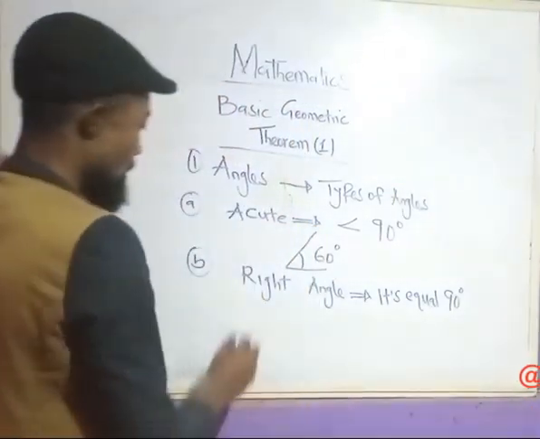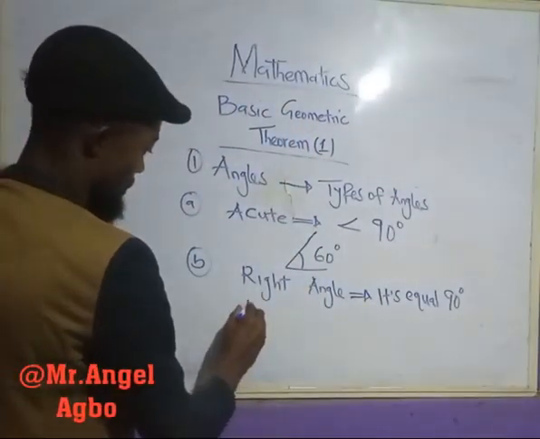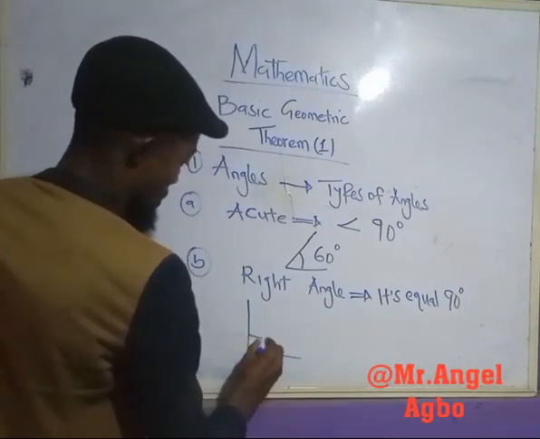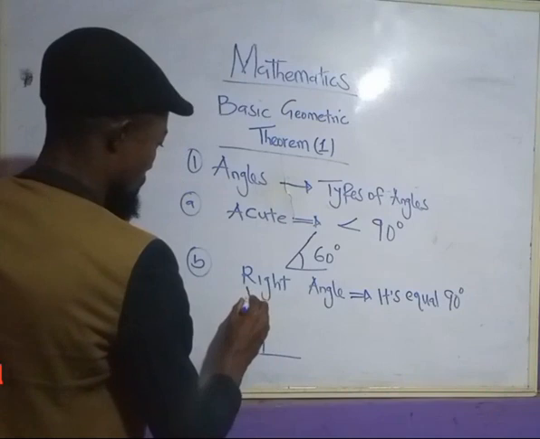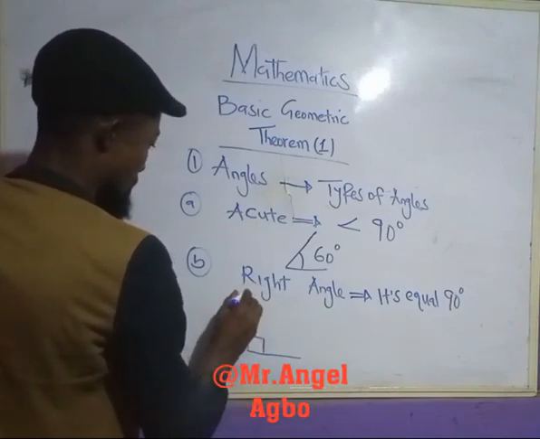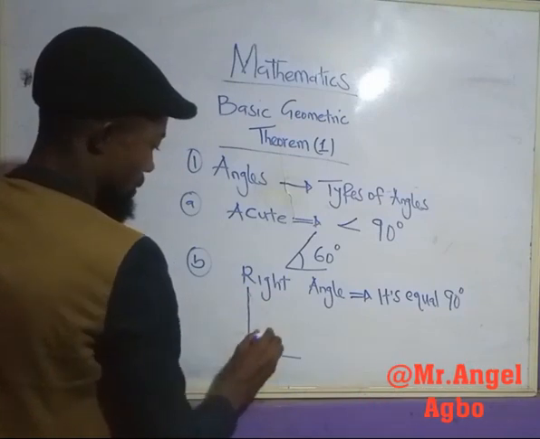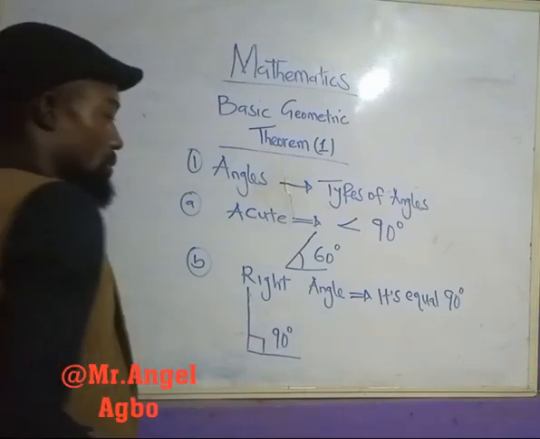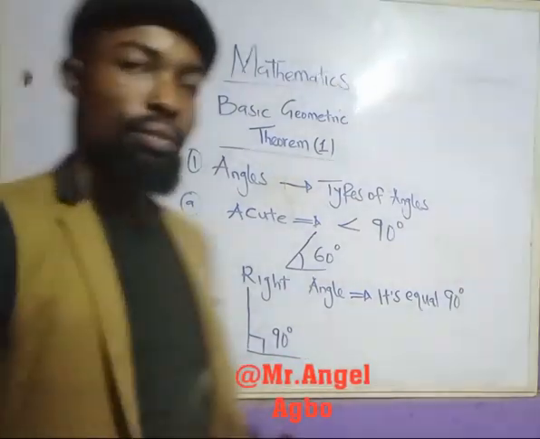So the shape of it is like this, on my drawing, because the board is slippery. It's equal to 90 degrees.